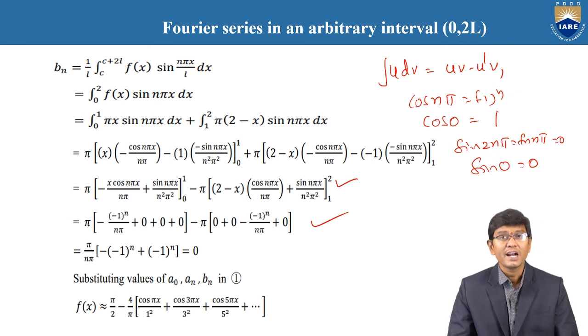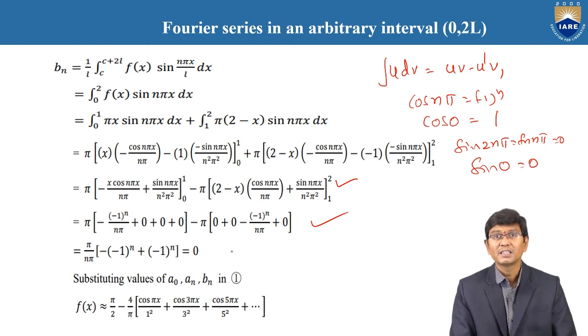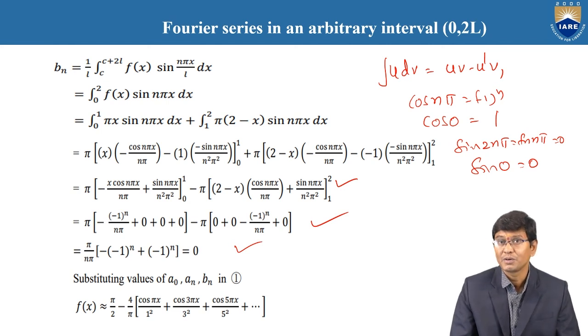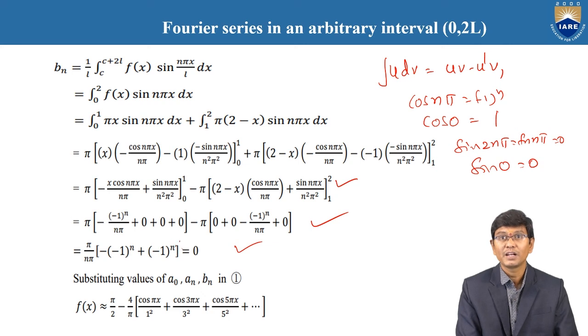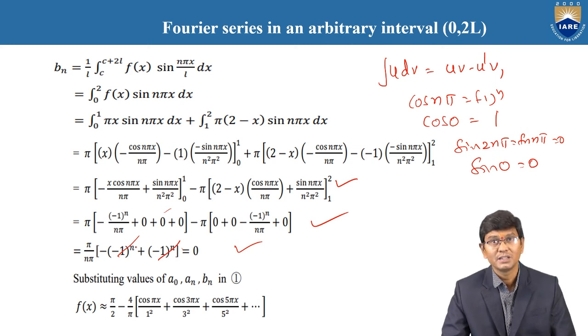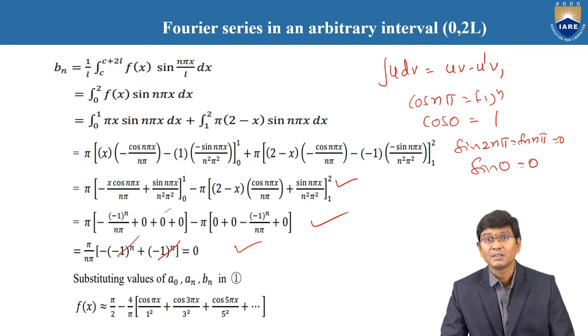After simplification, you obtain pi by n pi into minus 1 whole power n plus minus 1 whole power n, which is equal to 0. Because of the minus 1 whole power n plus and minus 1 whole power n, together it is totally 0. Therefore, bn is equal to 0.